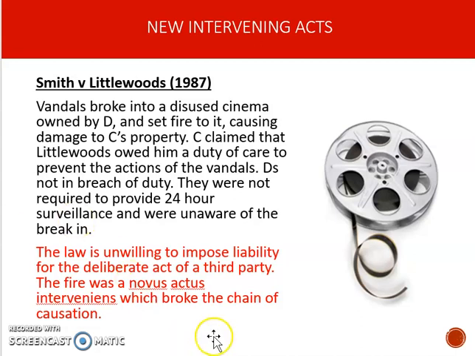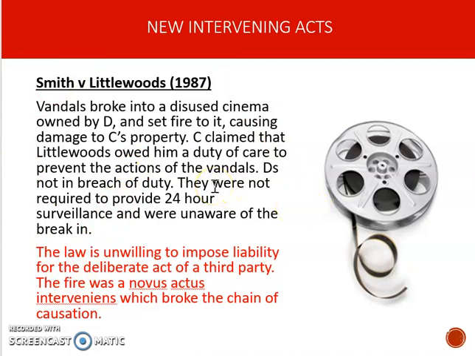And that's because the law's unwilling to impose liability for the deliberate act of a third party. And in this case, there was a novus actus interveniens in the case of Smith and Littlewoods because a third party had actually broken in to the defendant's property and set fire to it. So that was not the defendant's fault, it was a novus actus interveniens.